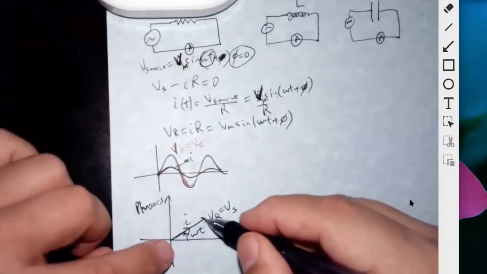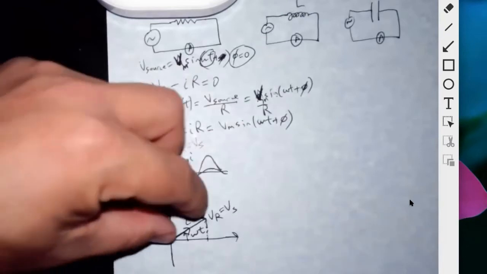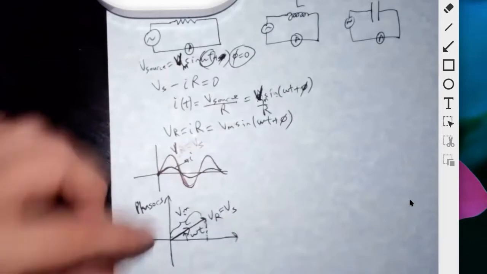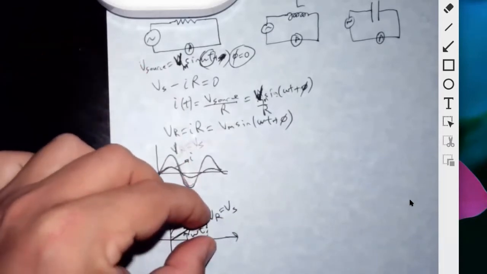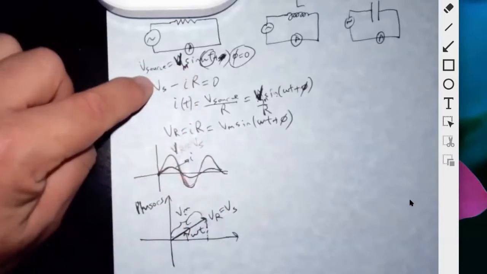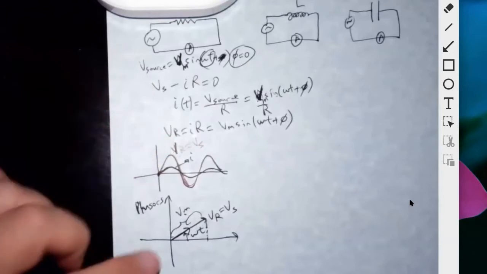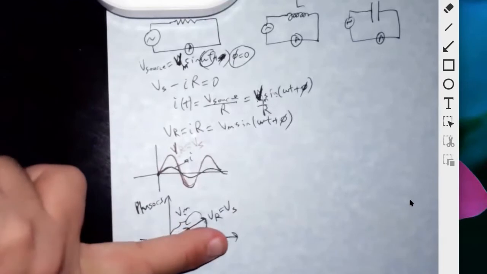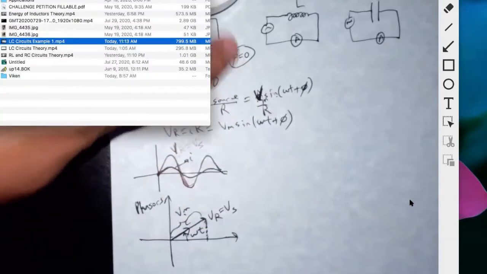And then the vertical component of this phasor, right? If from here to here the amplitude is Vm, the vertical component of this phasor represents the instantaneous value of the source voltage or the resistor voltage. Remember I said the phase angle is 0.